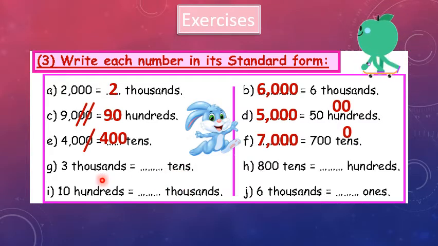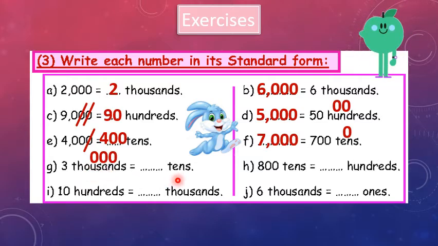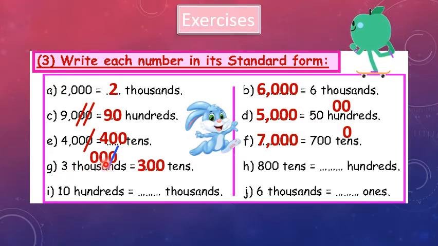Yes, good job. 3,000 means 3 zeros above the number here, and tens will be 1 0 only. And let's go to cancel this number of zeros. We cancel 1 0 here by 1 0 from the other side. Then the rest will be how many zero? 1, 2 only. 2 zeros beside 3. It will be 300 tens.